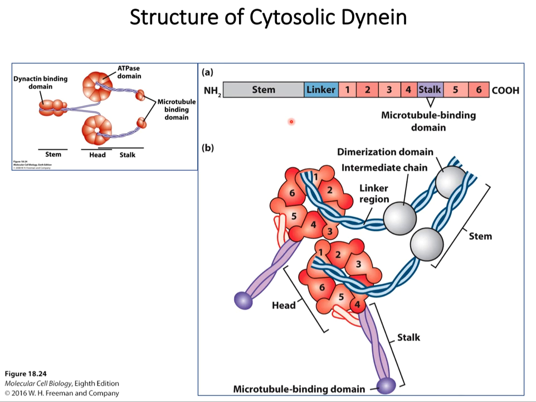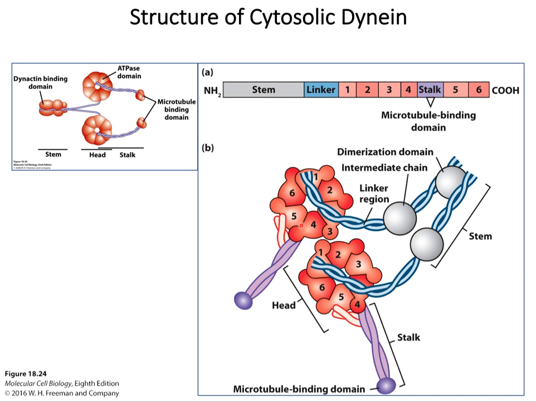The dynein contains two large subunits, greater than 500 kilodaltons, two intermediate, and two small subunits. It has two heads similar to the kinesin. The dynein heavy chain domain has a stem, then a linker, and then six AAA ATPase repeats, numbered 1 through 6.